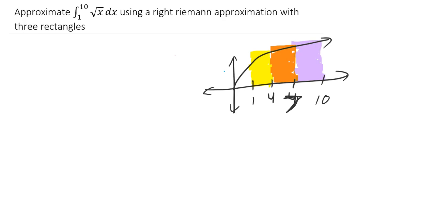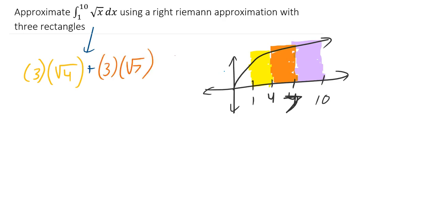So my approximation will be one rectangle with a width of 3 and a height of square root of 4, plus my next rectangle with a width of 3 and a height of square root of 7, plus my last rectangle with a width of 3 and a height of square root of 10.